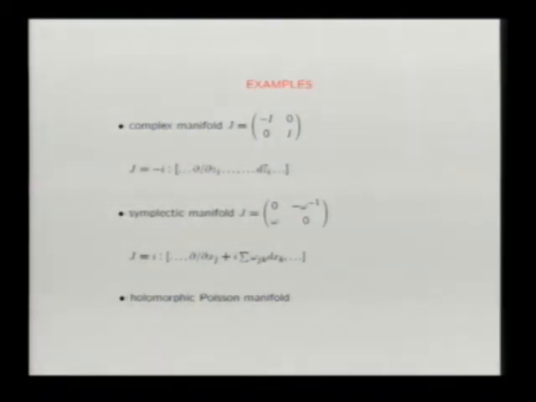So this was one of the initial appealing features of this, that it's a common framework for both complex manifolds and symplectic manifolds. But there are other examples, in particular holomorphic Poisson manifolds, but I won't be talking about those in this talk. In fact, in my plenary talk, I'll be talking about holomorphic Poisson manifolds. But I just wanted to point out here that they do form part of this generalized geometry picture.